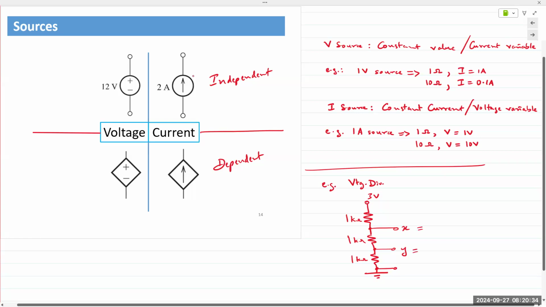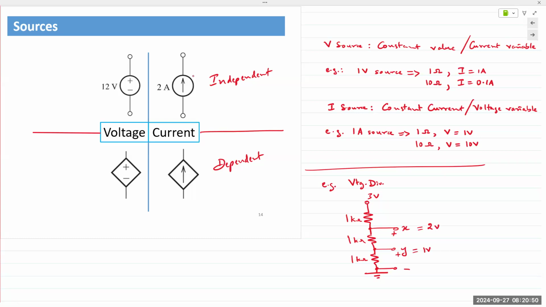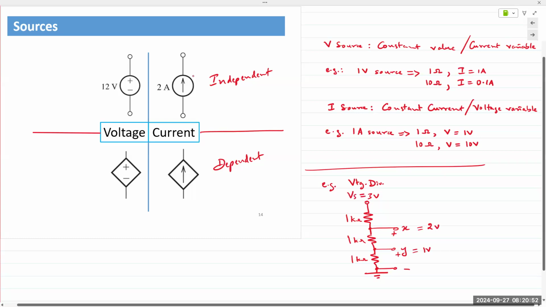Anyone? Y would be equal to 1 volt, X is 2 volts, divided in 3 equal parts, right? With respect to ground. So plus, minus, and plus, minus. X is dependent on its value from this power supply voltage. Vs is equal to 3 volts. If Vs changes to 6 volts, X changes to 4 and Y changes to 2 volts.